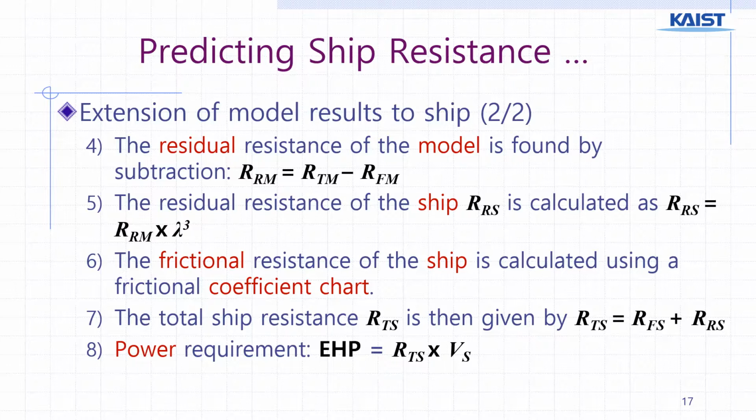So you don't need two model tests. You need only one model test to get the residual resistance coefficient. So the total ship resistance is calculated from the frictional resistance coming from the chart and the residual resistance coming from the model test. And the power requirement, EHP, effective horsepower, is calculated by resistance multiplied by speed. Right? It's a little bit complicated.